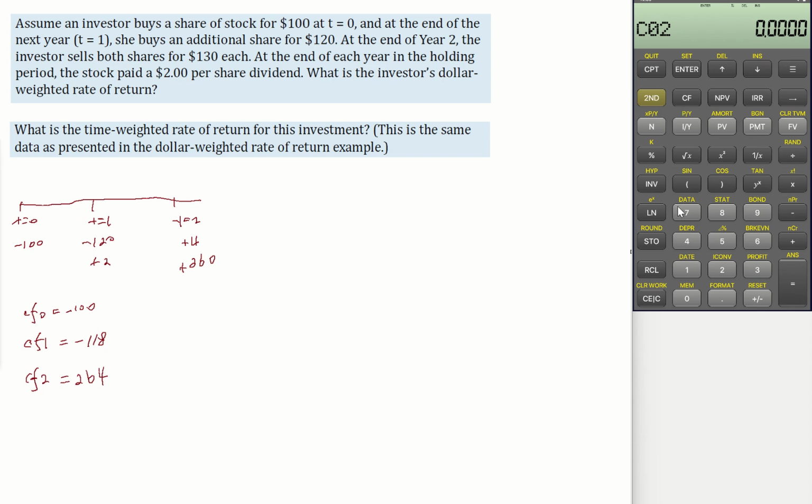For year 2, cash flow is $264, enter and compute IRR. Then IRR, the dollar-weighted rate of return, becomes 13.86%.